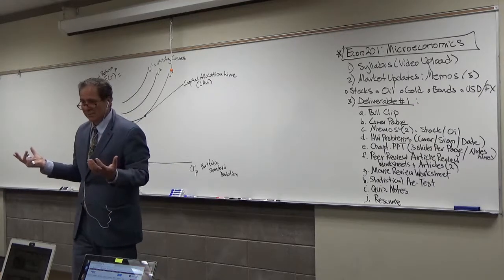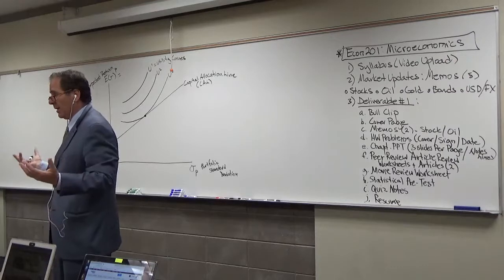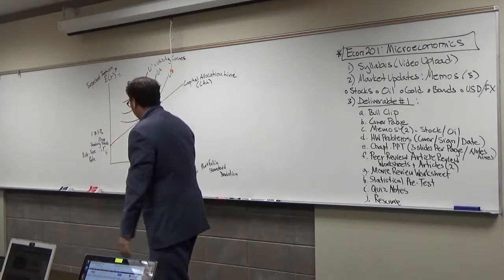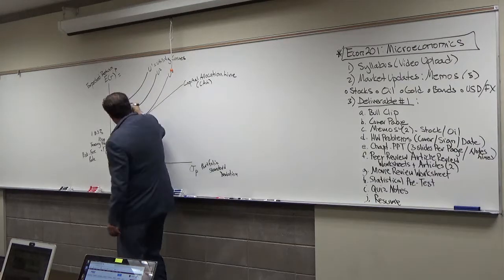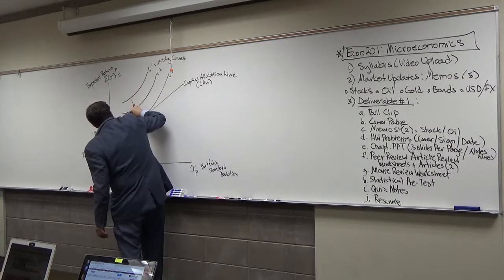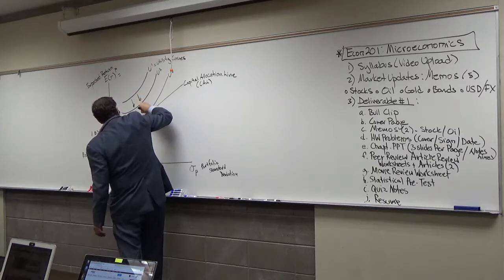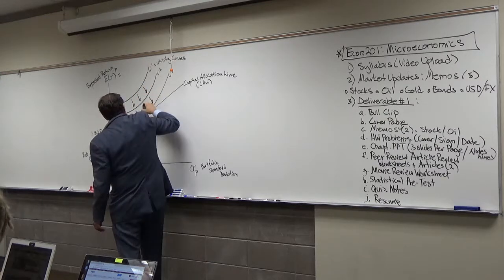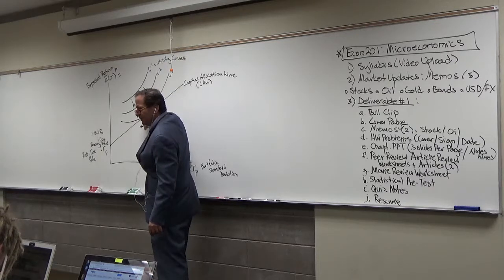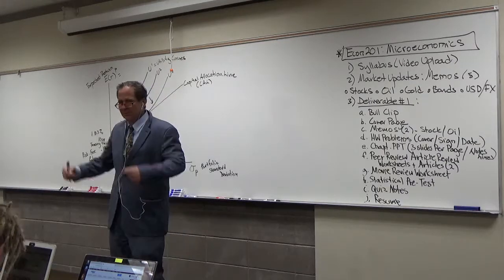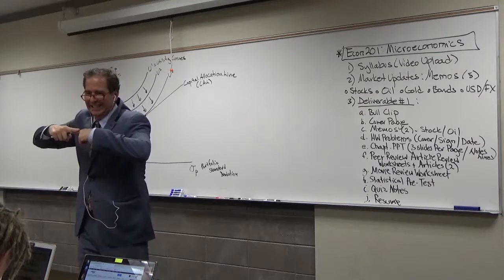I'll take risk, but I've got to be compensated for it. So investors want to be here, but they can't. What they do is lower their utility to the point where this utility curve is tangent to the capital allocation line. When they come together, it's called tangency.